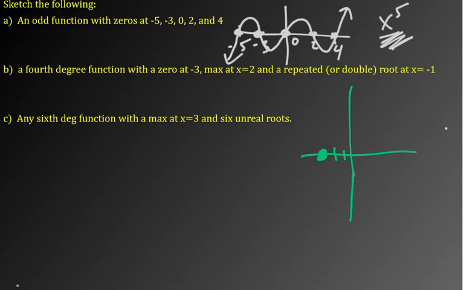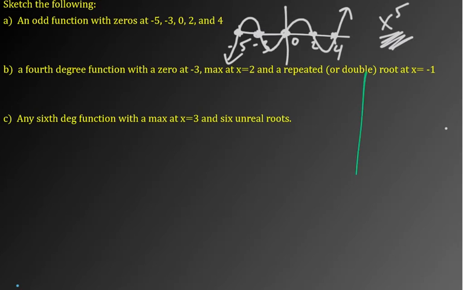It also said there's a max at 2. So if I go 1, 2, I know that it's never getting higher than that, basically, okay? I'm going to erase that for a second, but, okay. So that 2 is going to be the highest I ever go, and it has a repeated or doubled root at -1. Actually, I think I'm going to make this a bit bigger.